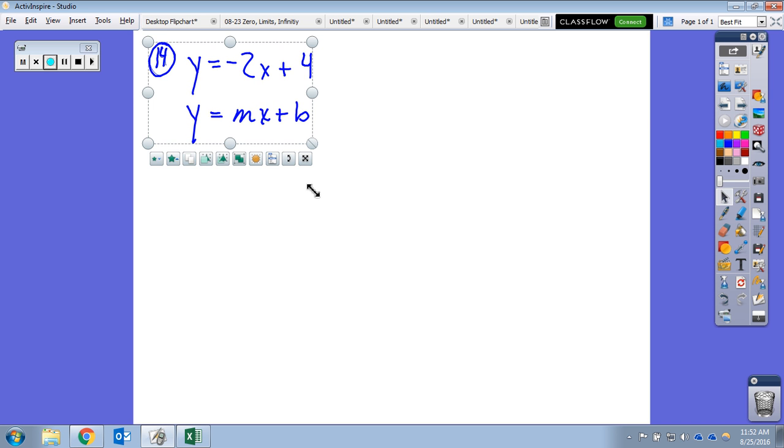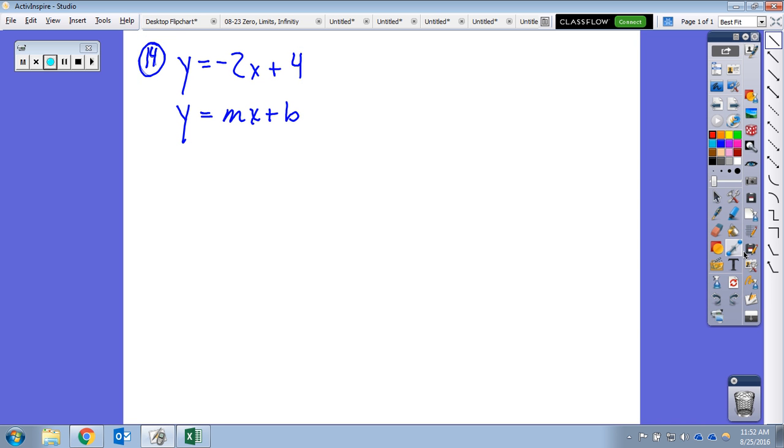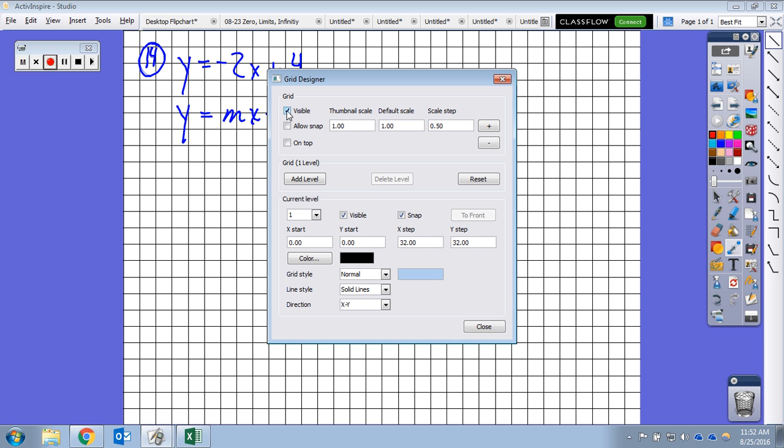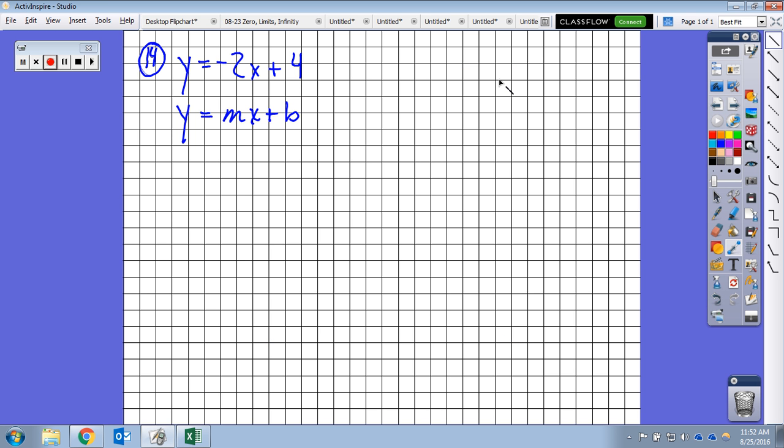Not too small. So it's pretty much similar to how you would do it on graph paper.